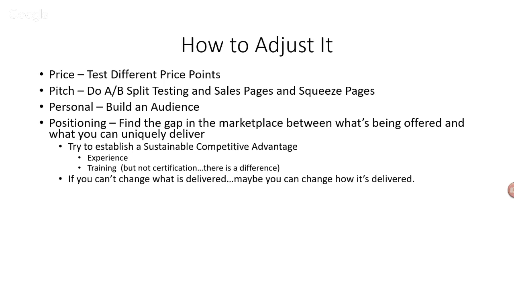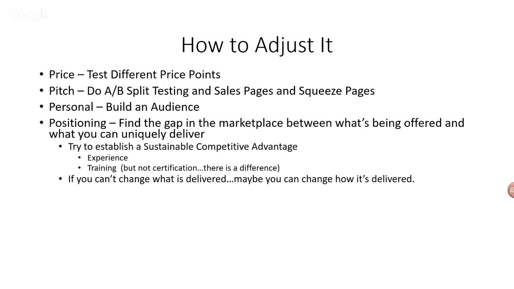Now one other thing that you can do is that if you cannot change the nature of what you're delivering, one of the things that you can do to position yourself is to change how it's delivered. So in other words, it's not so much that you change the inside of the product, you change the way people get it. You change their experience with it.